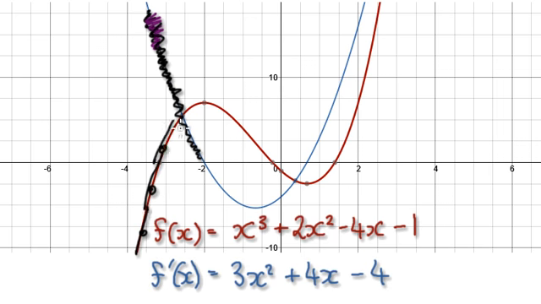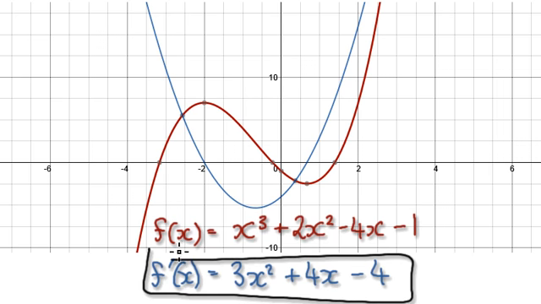It's always up here. So the gradient of the original line will always be positive, meaning that it must always be climbing. The gradient is always positive, so it can only go up.